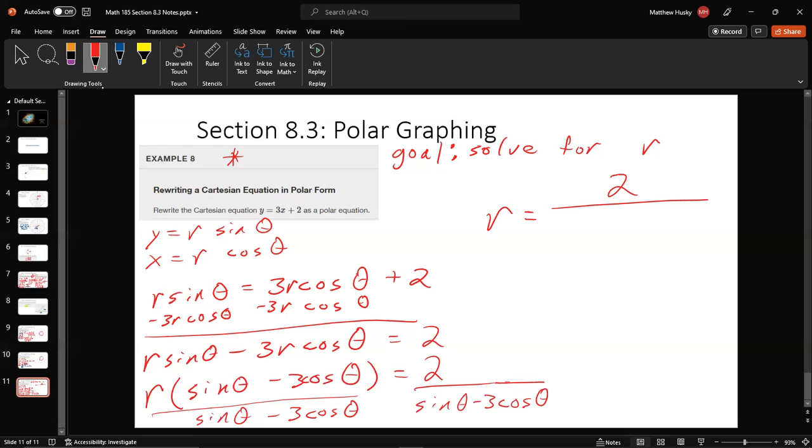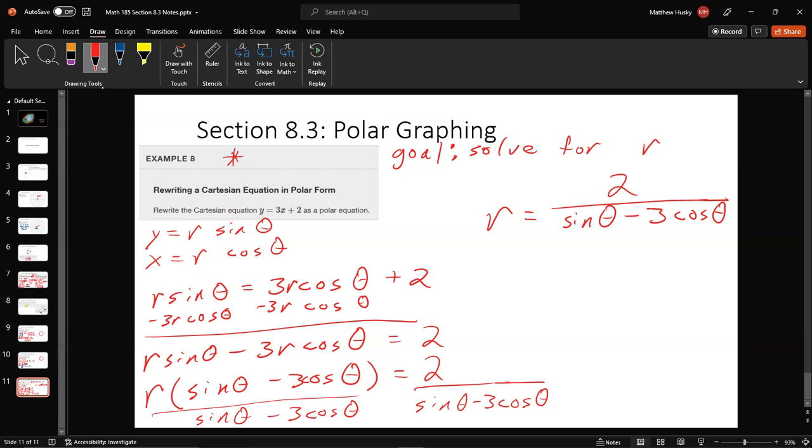Typically with a rectangular equation, you always have y equal to something because it's like y equals mx plus b. When it's in polar form, what you are interested in is having it as r equaling something in terms of theta. The graph in rectangular form is just going to be a nice, neat line because y equals 3x plus 2 is just an equation of a line.